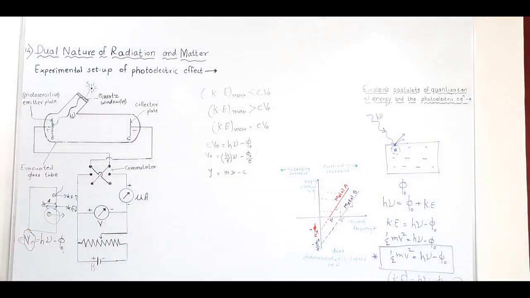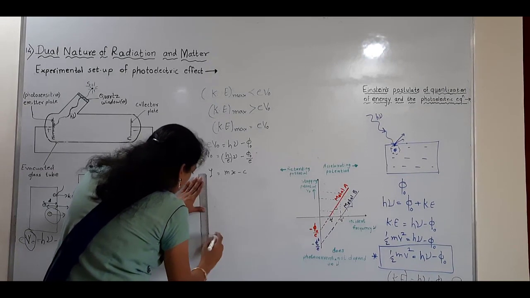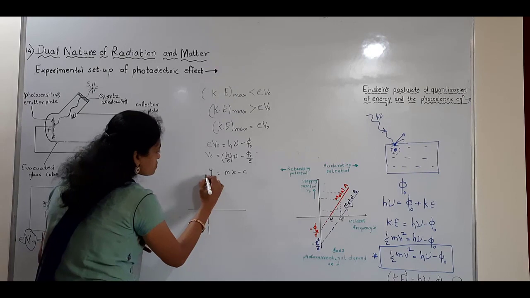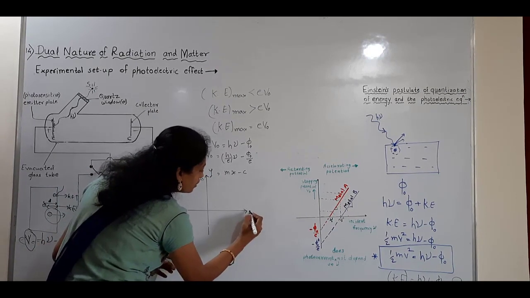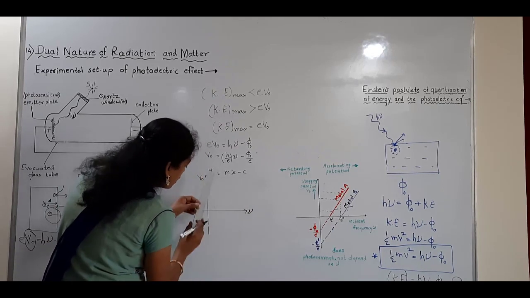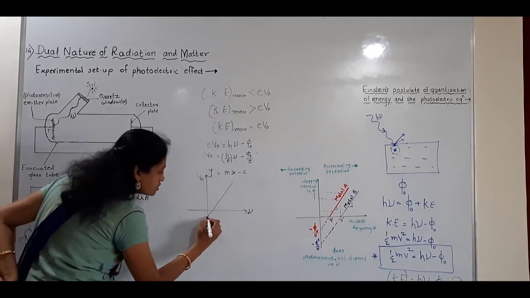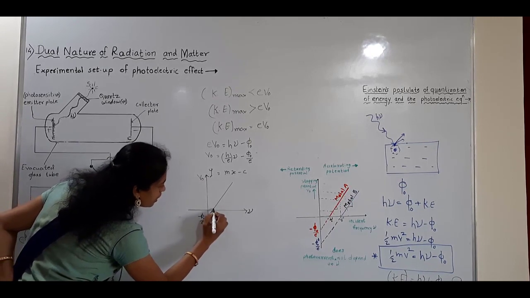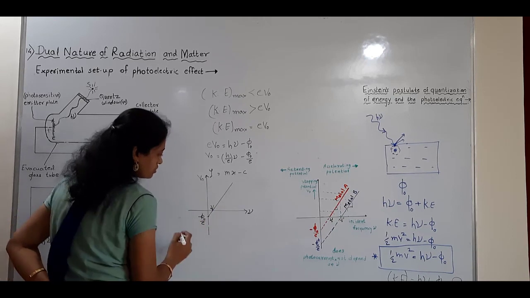If we plot a graph of stopping potential versus incident frequency, with stopping potential on the y-axis and incident frequency on the x-axis, we get a graph like this. The y-intercept is minus phi 0 upon e, and the x-intercept gives the threshold frequency.